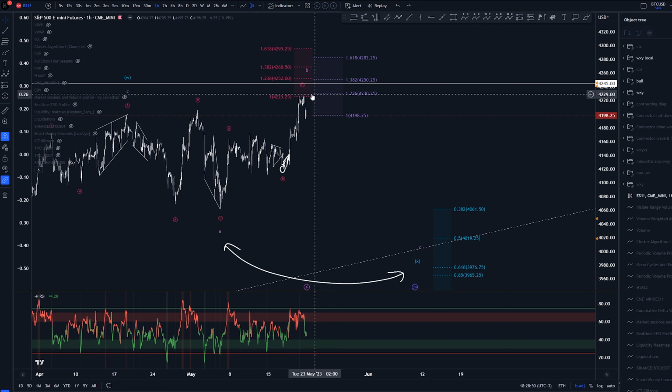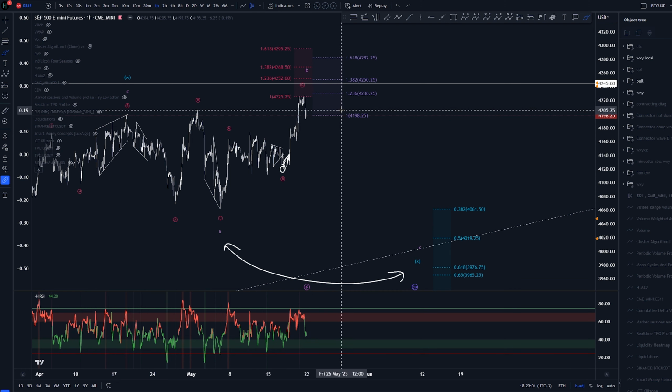Overall, I do think that this is definitely an area of interest. We had almost reached the 1.236. I did not wait for that to be hit, because obviously we would have missed this trade. But at this point, I'm quite happy that we are in a short position here.